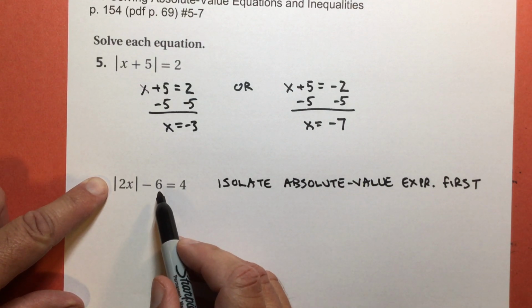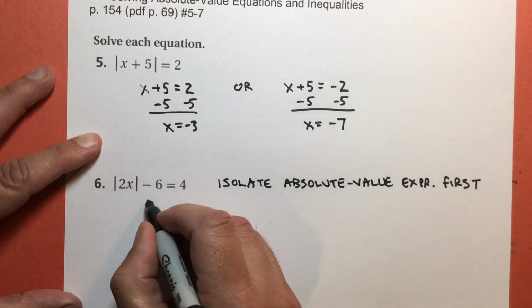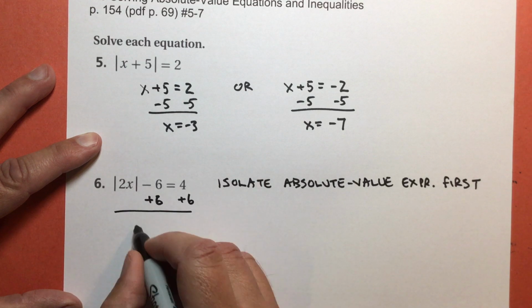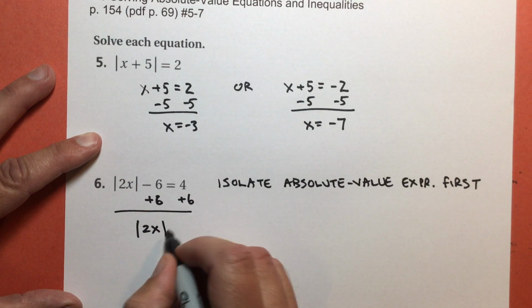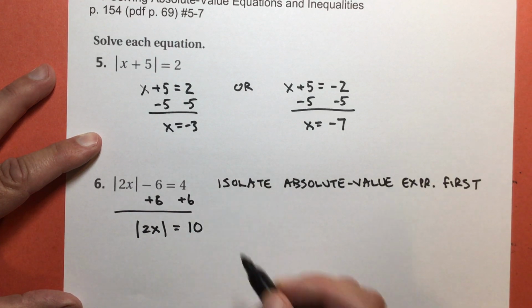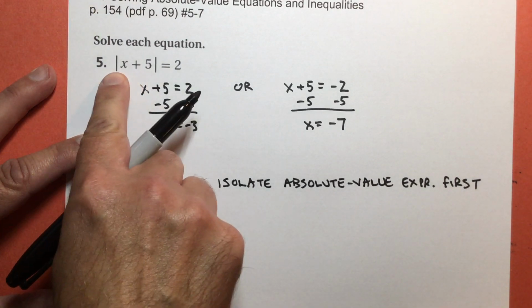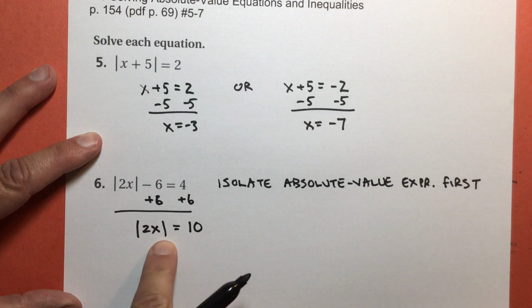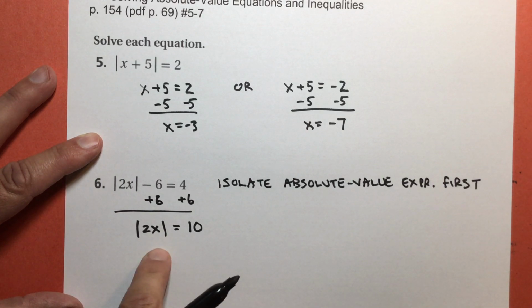The minus 6 is in the wrong place. So I'm going to start by adding 6 to both sides, and I get the absolute value of 2x equals 10. Now, like in the previous problems, the absolute value is all by itself on the left side. You have to do that first.